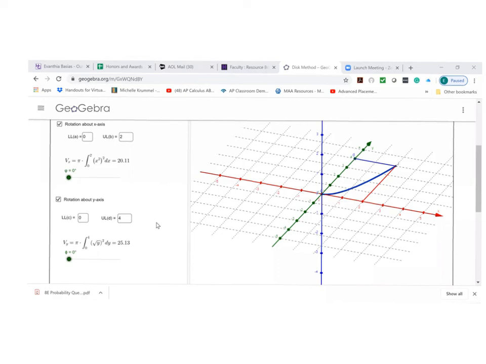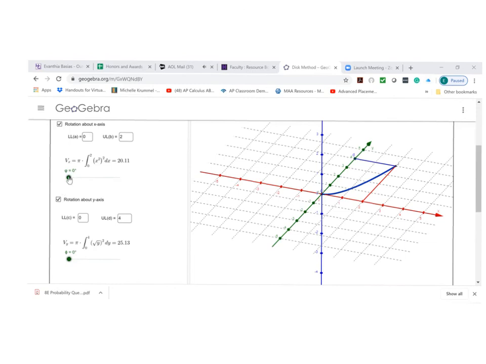So here's another application. I'm using GeoGebra, where we rotate the region bounded by y equals x squared from x equals 0 to x equals 2 about the x-axis. So here is our integral right here. The left bound is 0, the right bound is 2.